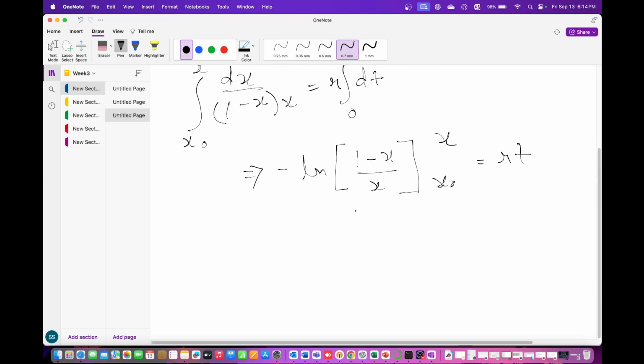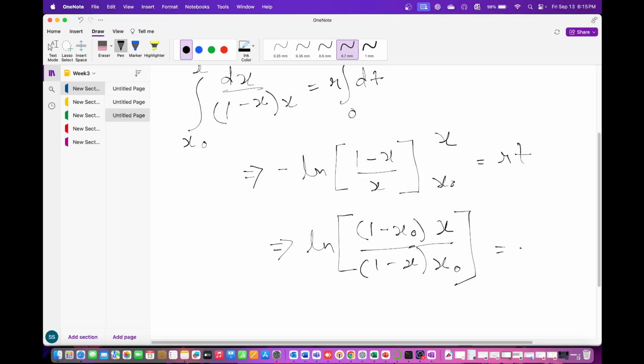Now if you take the negative inside, it's log of 1 minus x naught by 1 minus x into x by x naught, equal to rt.